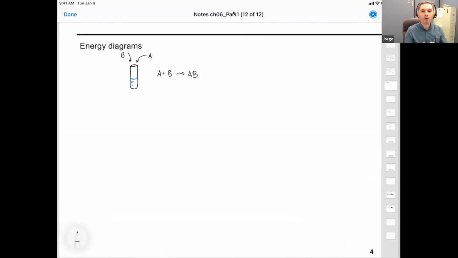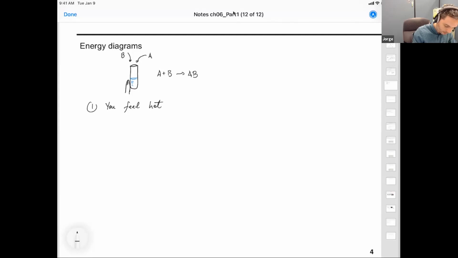And our goal now is to determine if the reaction is releasing heat or absorbing heat. So to do that, you simply touch the outside of the test tube. And in this case, let's suppose here that when you touch the test tube, you feel the test tube hot.